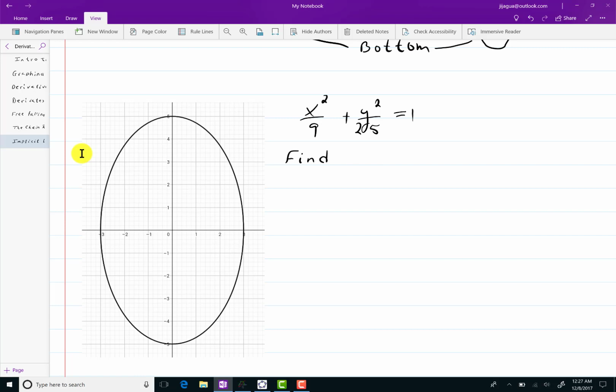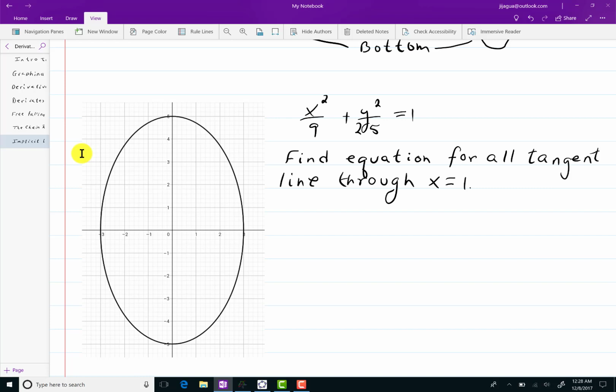Find equations for all tangent lines through x equals 1.